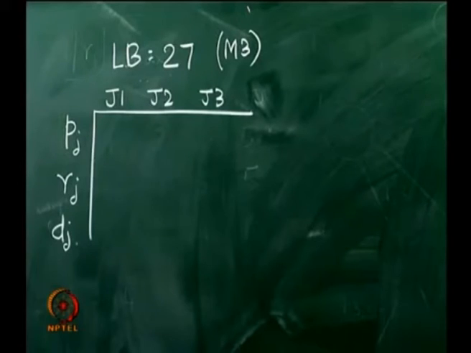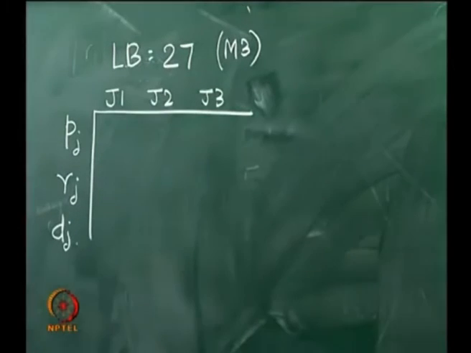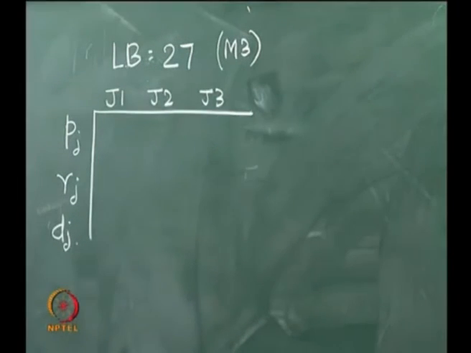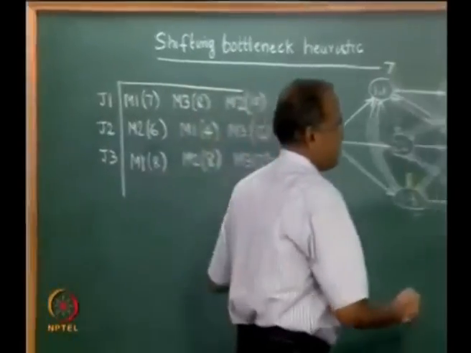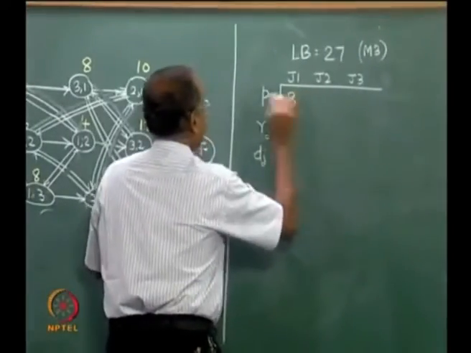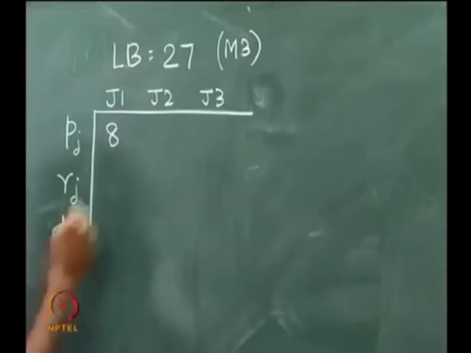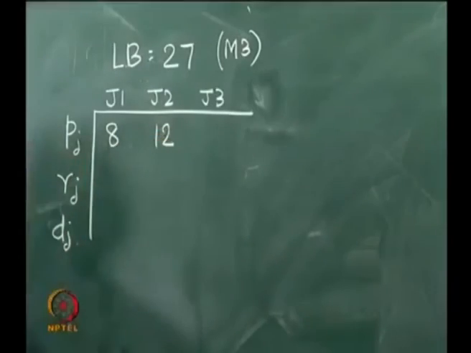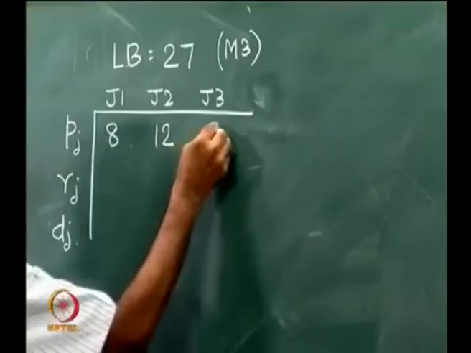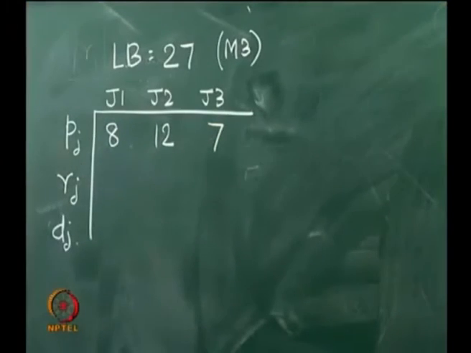Now, writing the processing times is easy. We can see from here on M3, J1 requires 8, J2 requires 12 and J3 requires 7.